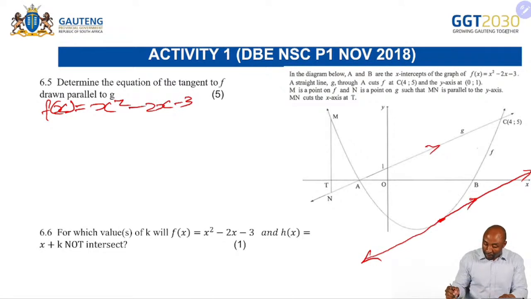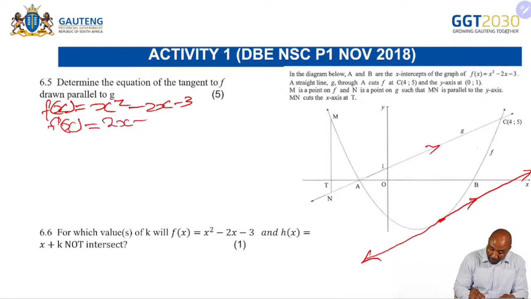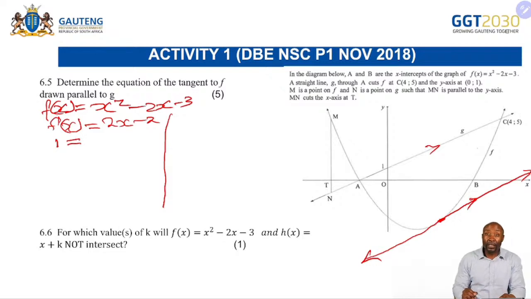If we are talking about gradient, we know that it's the first derivative, which will give us 2x minus 2. Now, we know that the gradient of g of x, we calculated it, we found it as 1. So it means our gradient is 1. The first derivative gives us the gradient function. Our gradient is 1, so 2x minus 2 equals 1.